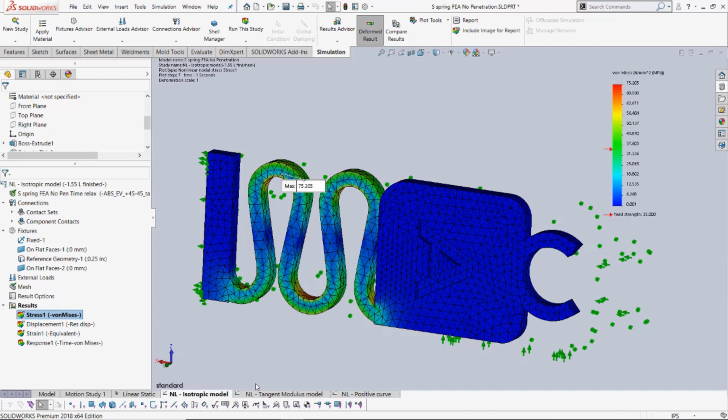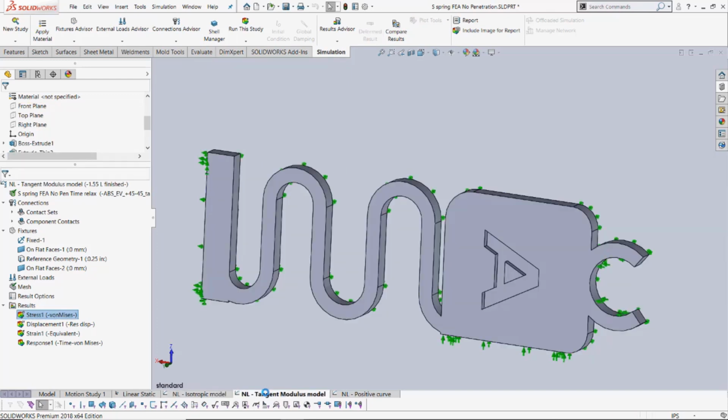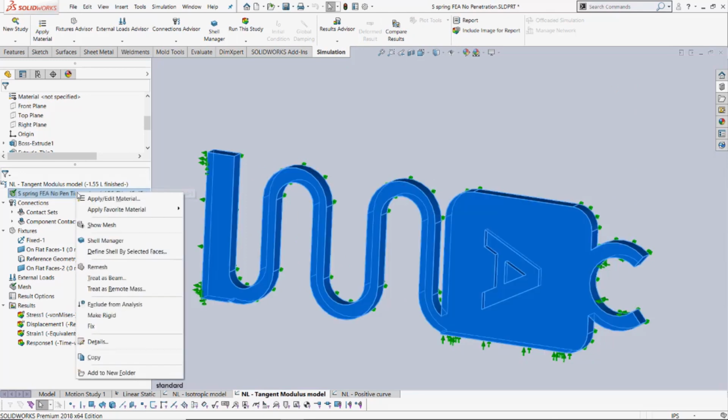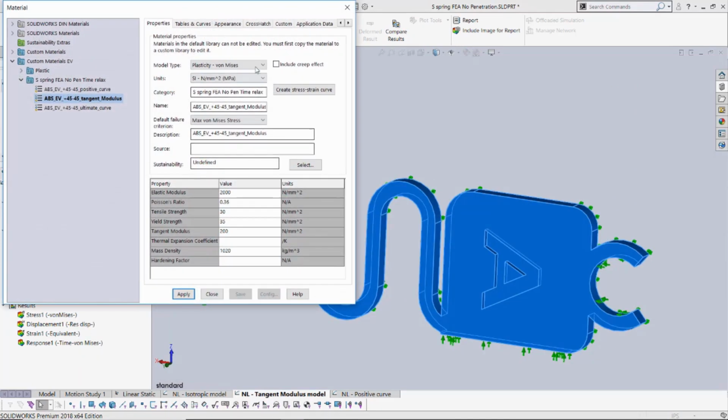They're very close. Now, when you don't have access to the full stress strain curve for a material, you can utilize what is called the tangent modulus. If we look at the tangent modulus study, and we look at the material property, when we're set to Plasticity Von Mises, we have the option to input this tangent modulus.